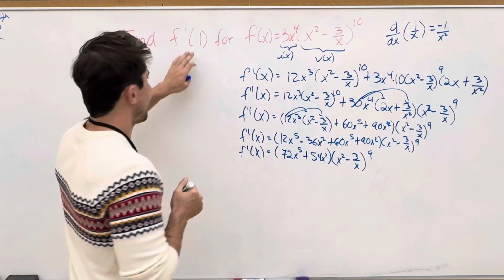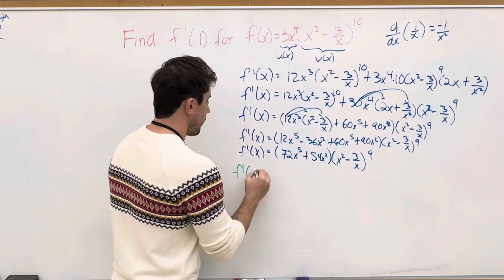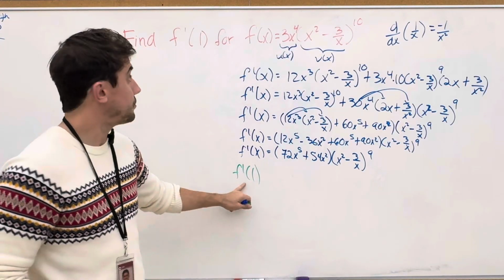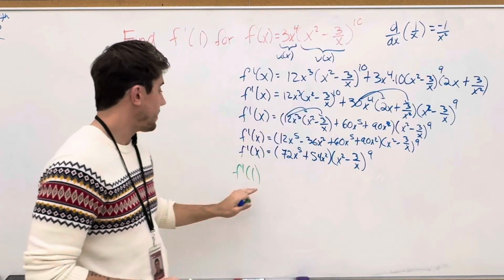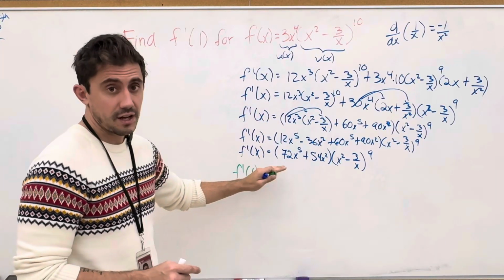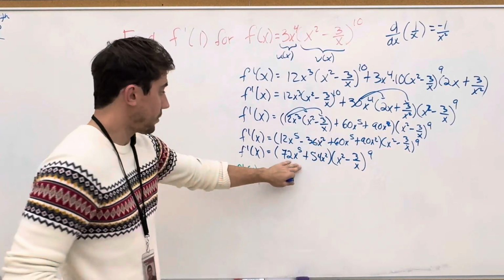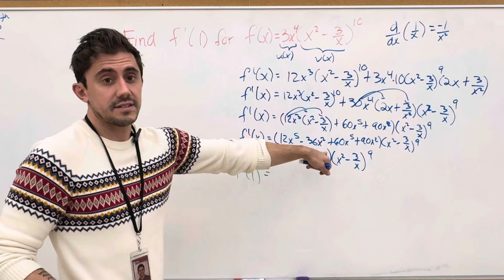And so now let's evaluate f prime of 1 like we were asked to do from the beginning. f prime of 1, meaning the slope of the line that would be tangent to this curve at precisely the point where x equals 1. The slope of that tangent line, the gradient of that tangent line, is going to be the value that comes out of plugging x equals 1 into this expression.